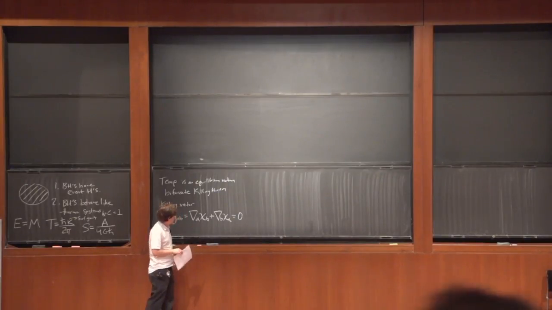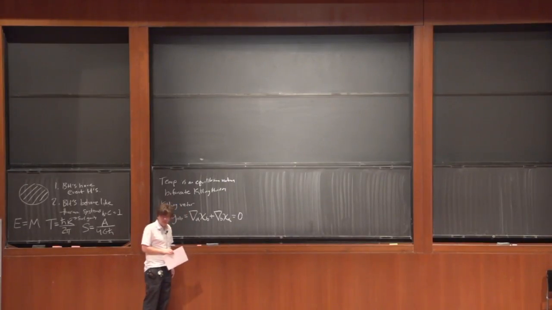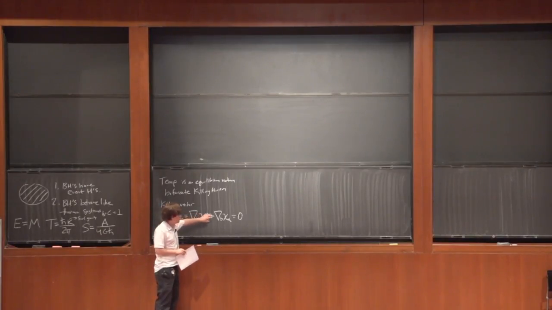If you think about what this would do locally to a point, the anti-symmetric part has 6 components in 4 dimensions, and that's the thing that is associated with the Lorentz symmetry of the metric, which therefore doesn't change the metric.